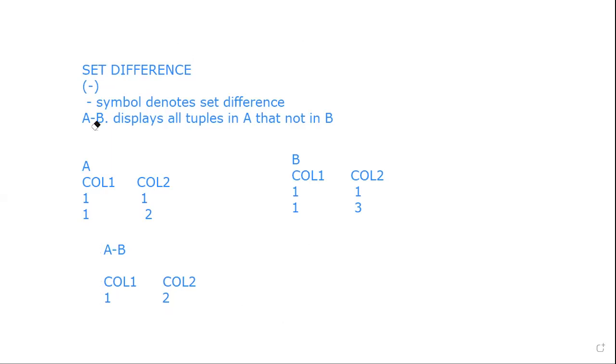The third one is called intersection. Intersection is denoted by the reverse of the U symbol. I will use the cap symbol here, but generally we use the reversed U: A intersection B. What exactly does the intersection do?